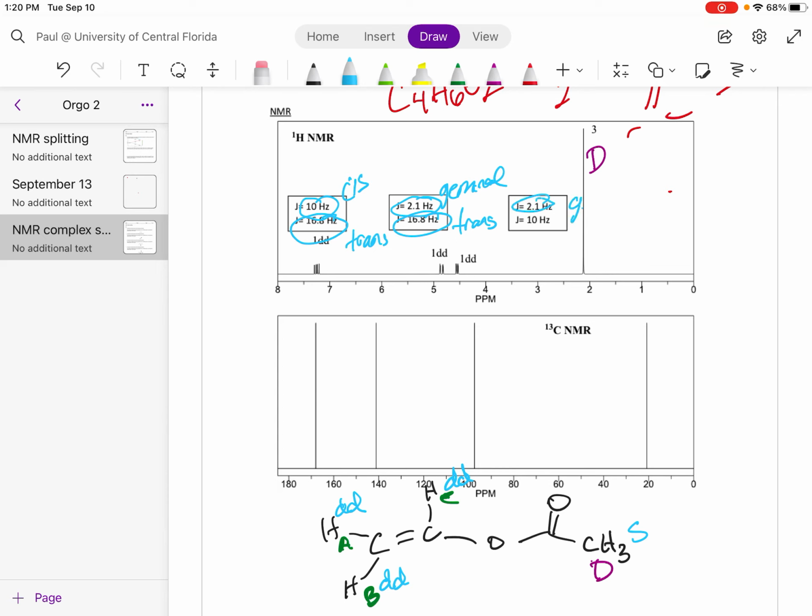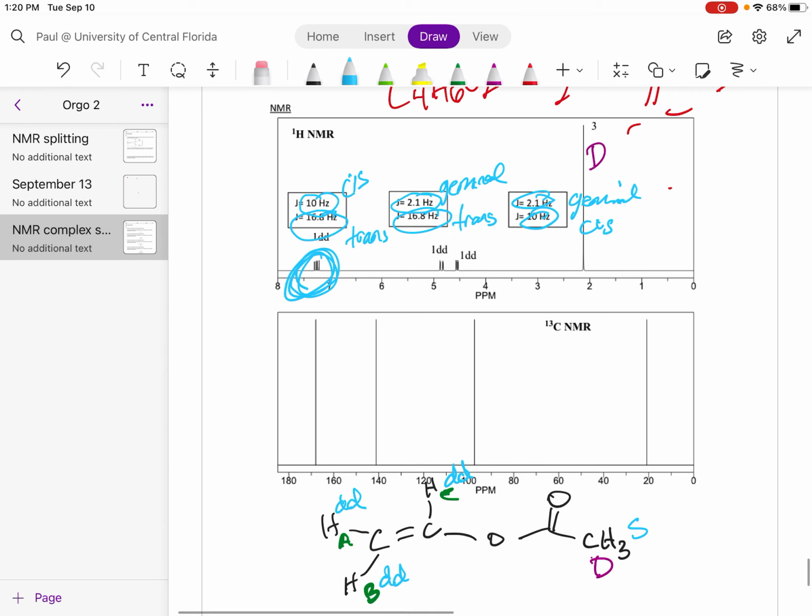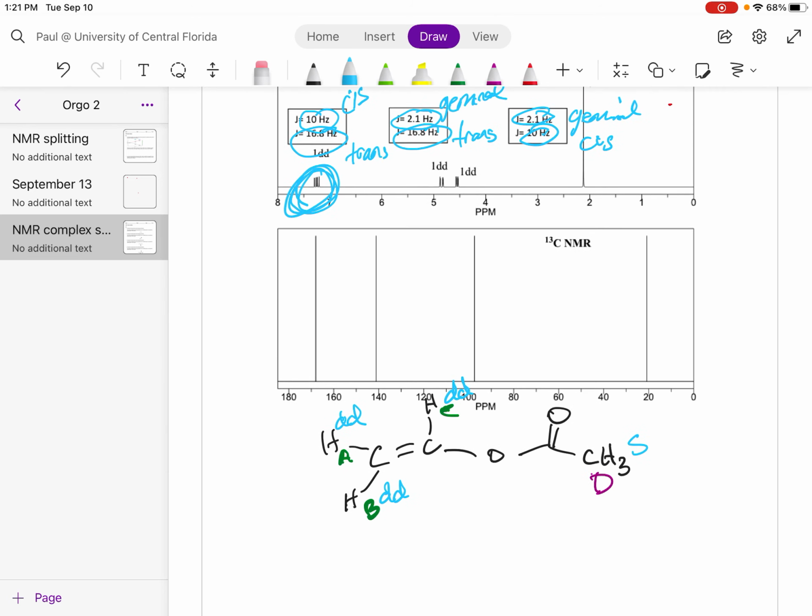That's geminal, and that's going to be cis. So now I have these relationships here. This signal right here has a cis J coupling and a trans. When we go to our predicted molecule down here, which proton has a cis coupling and a trans coupling?